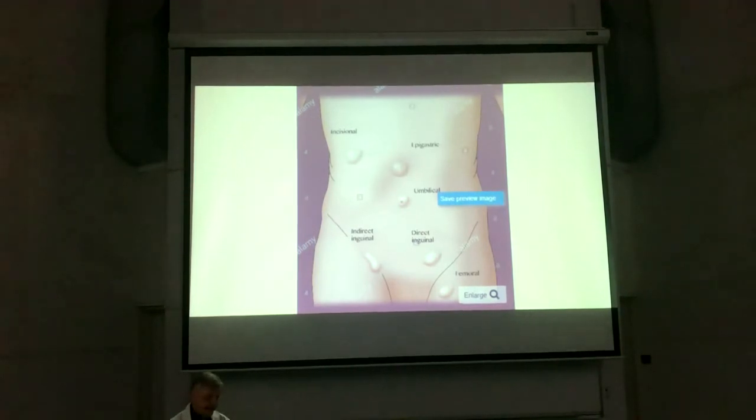But when there is extra stress on it, there are weak areas that small intestine or other organs get out of the anterolateral abdominal wall. These are called hernia. Yeah, there's a special lecture for these hernias.